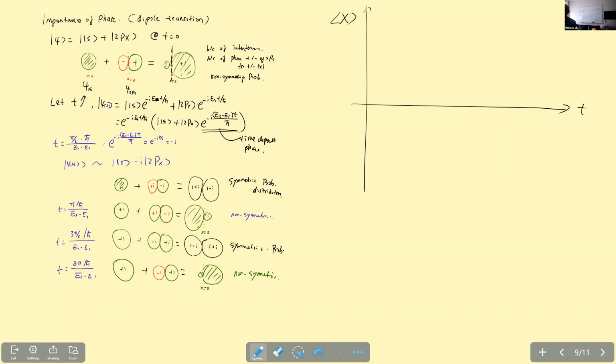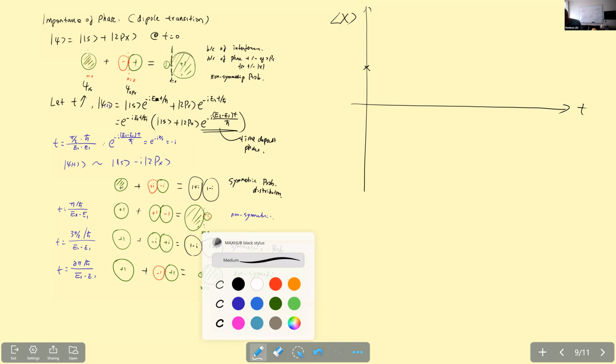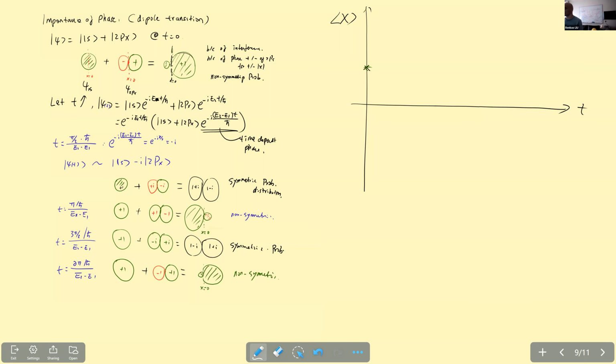At t equals 0, because of interference, it's something right here, it's positive. And then at t equal to half pi times h bar over E2 minus E1, you have something right here, okay? And then at pi times h bar over the energy difference, it's going to be negative, but it's just the opposite, right?